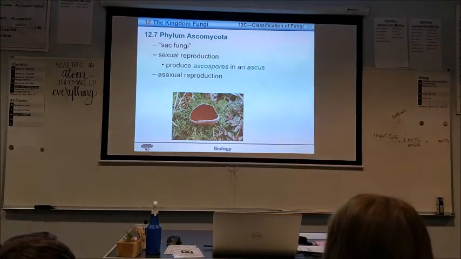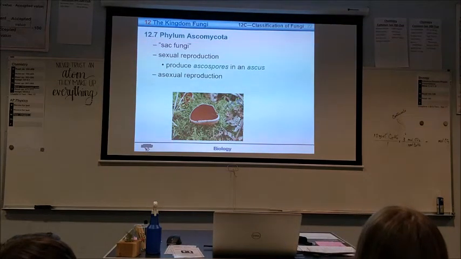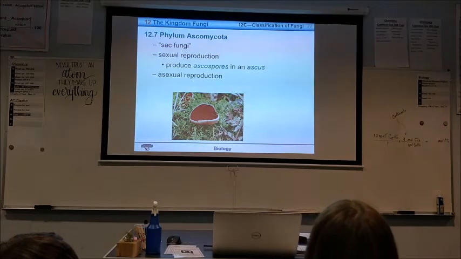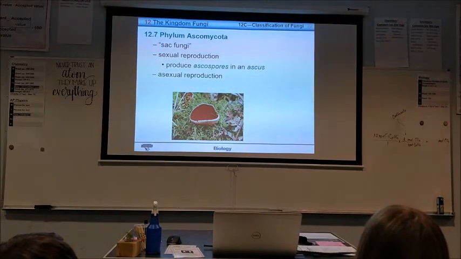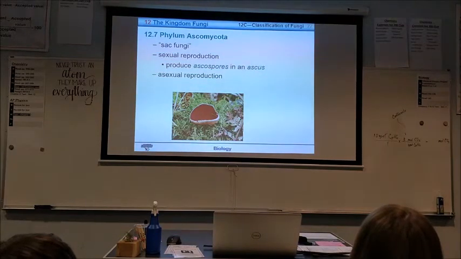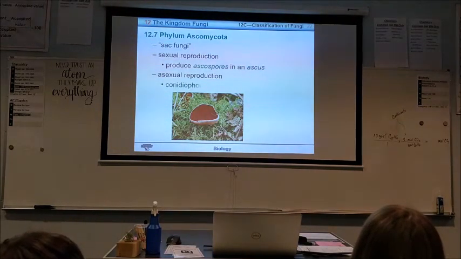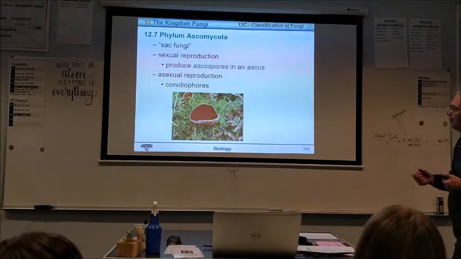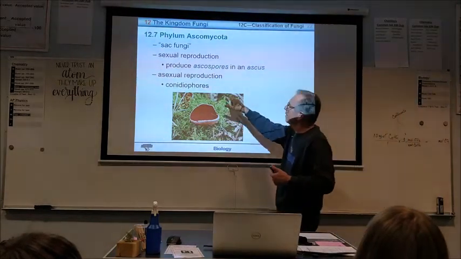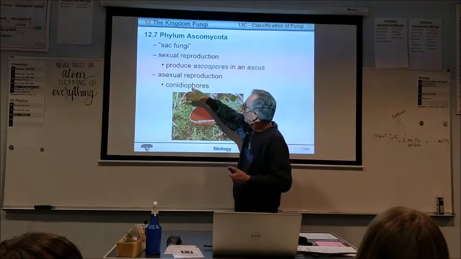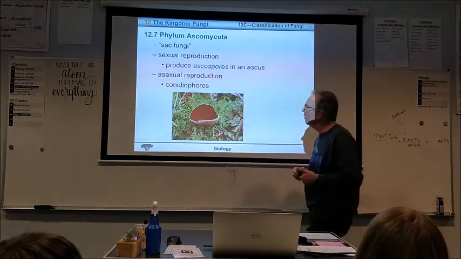And it goes through the sexual reproduction in a similar way. It's not growing on bread. This one looks like it's just growing out in the forest somewhere, probably growing off the dead, decaying leaves and stuff like that that you find on the forest floor. Okay? And then they do an asexual form as well called conidiophores.